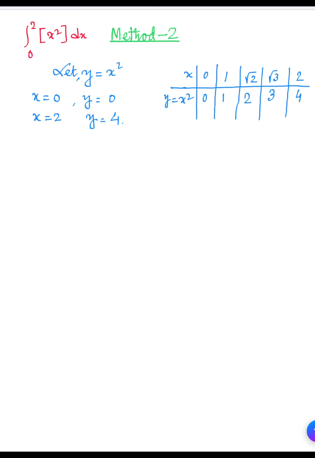We now make a graph of y equal to x square. We draw a hypothetical graph; no need to draw the appropriate graph. So this is the x-axis and this is the y-axis. This is the curve of y equal to x square. We now plot. This is 0, 0.